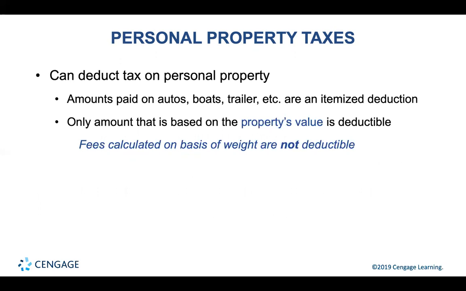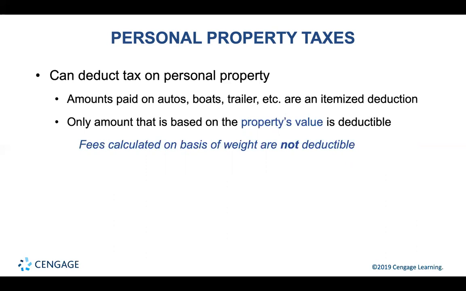You can only deduct the tax based on the value. You may not deduct the registration fee. If that tax was based, say, on the weight of the vehicle, you would not deduct that.